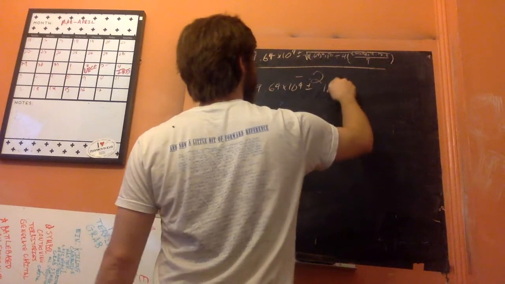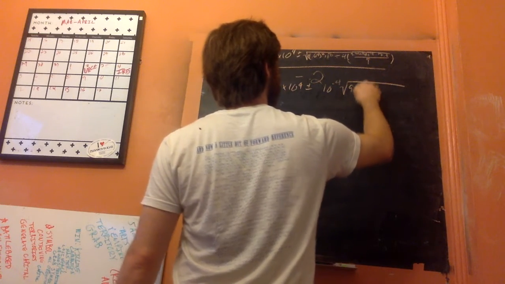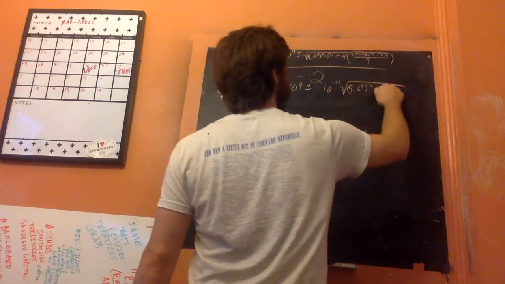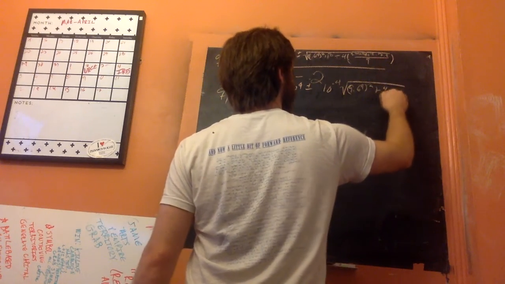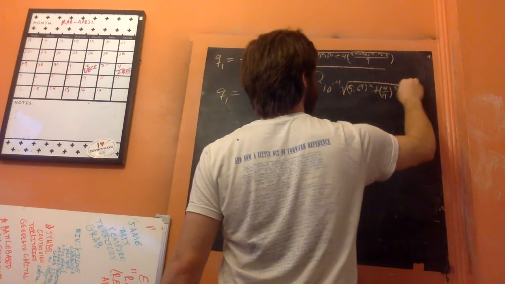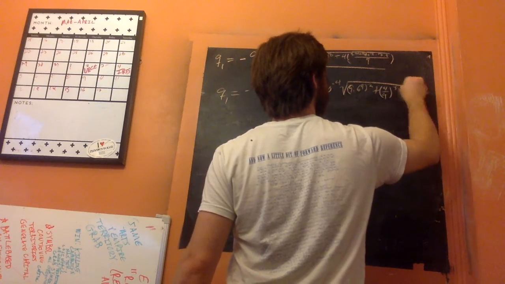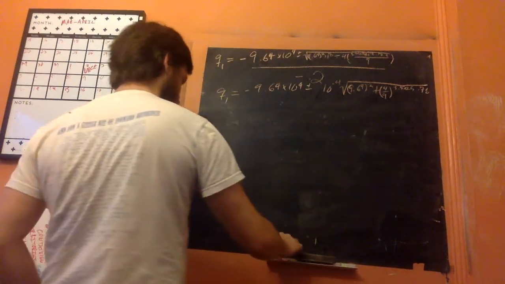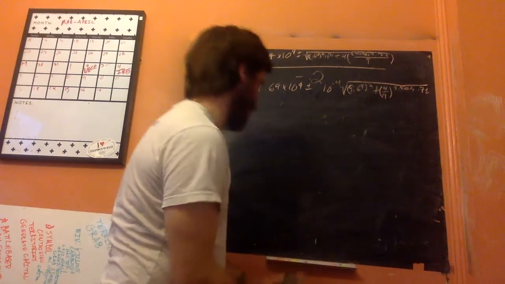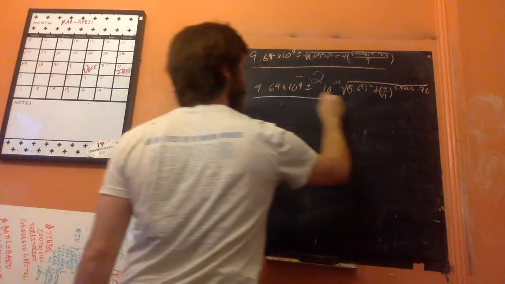So you get 10 to the negative 4 times the square root of 9.64 squared plus 4 over 9 times 3.4225 times 7.8. All right. So we can also pull this out. This is a 2/3. Or let's just actually leave it at this. This should be our answer.